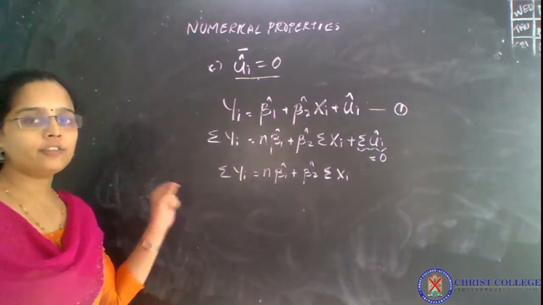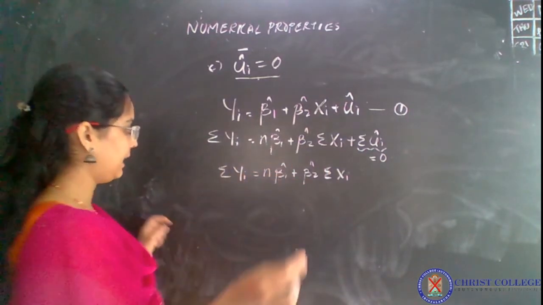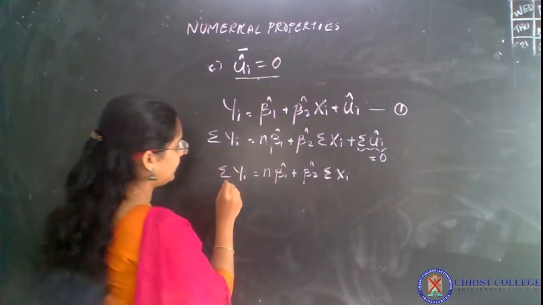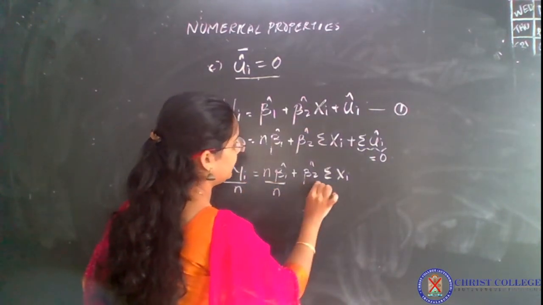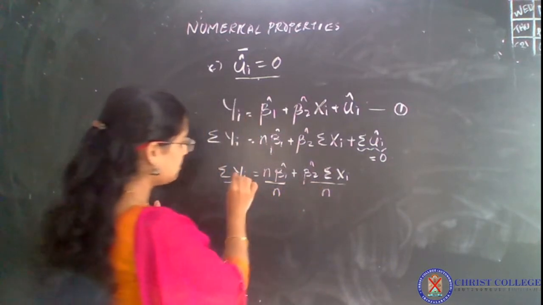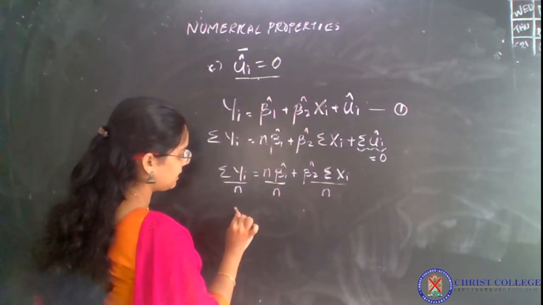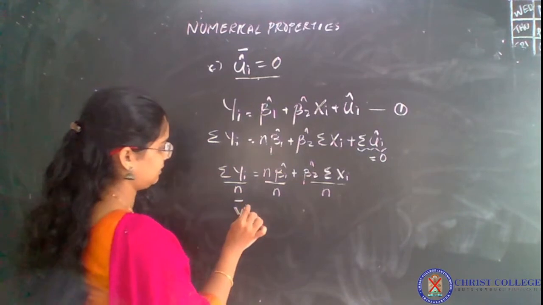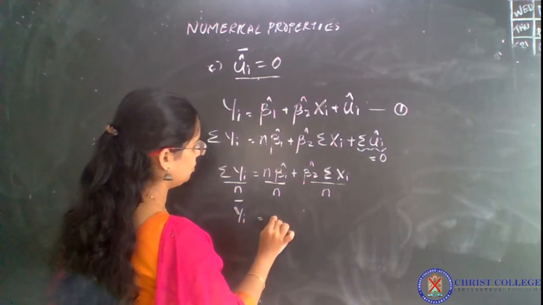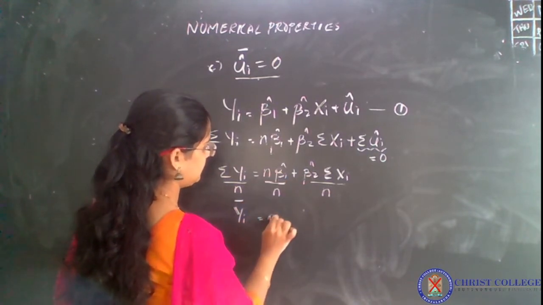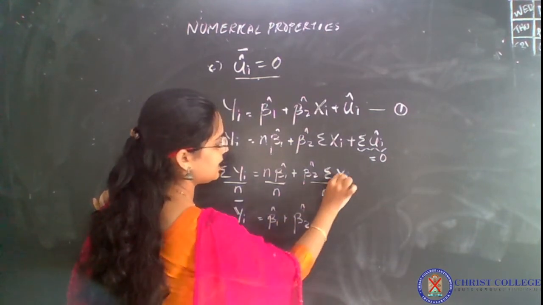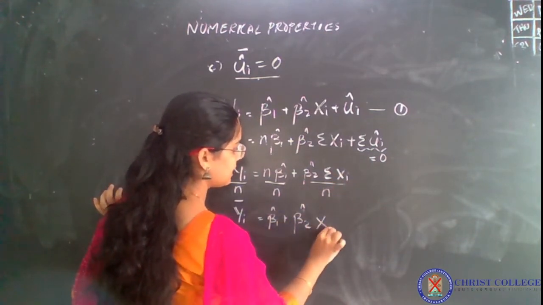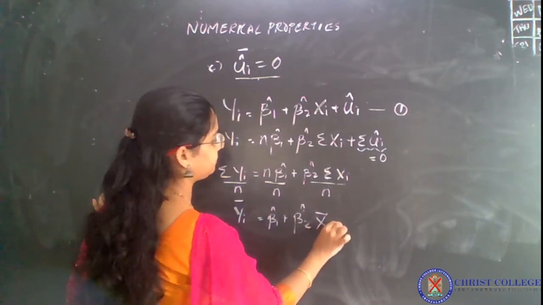Now, we have to divide throughout by n. That is, sigma yi by n, we can write as y bar, equal to beta 1 hat plus beta 2 hat, sigma xi by n, which can be written as x bar.